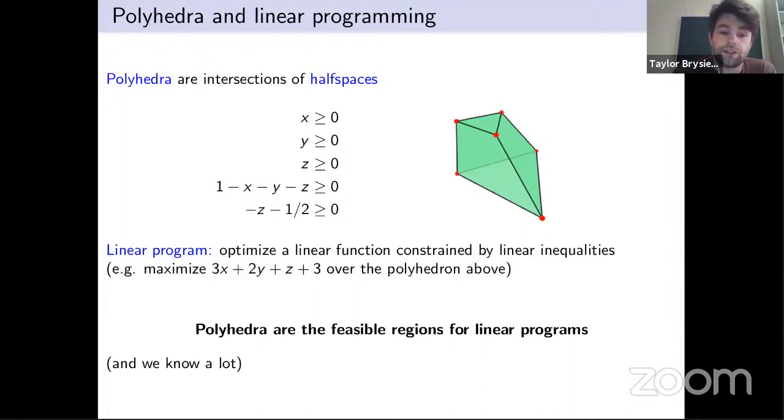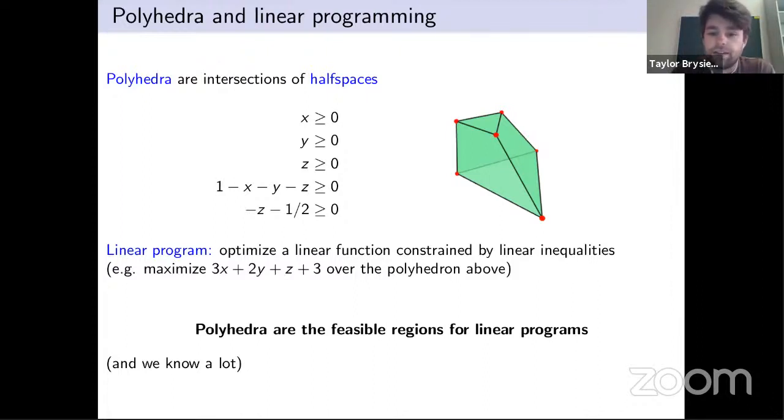As far as applications are concerned, they're extremely important for linear programs. The task of a linear program is simply to optimize some linear function over some subset of the real numbers, which are constrained by linear inequalities. The real numbers constrained by these linear inequalities form exactly one of these polyhedra.